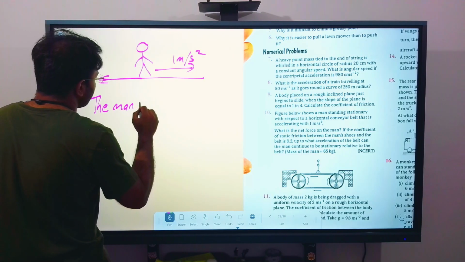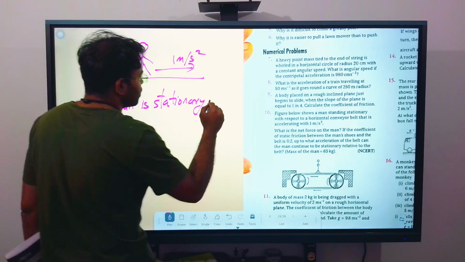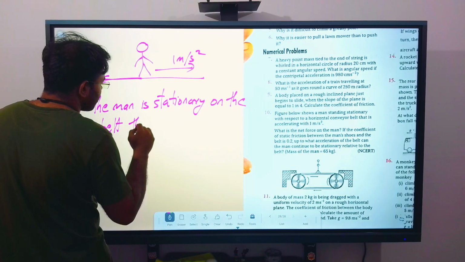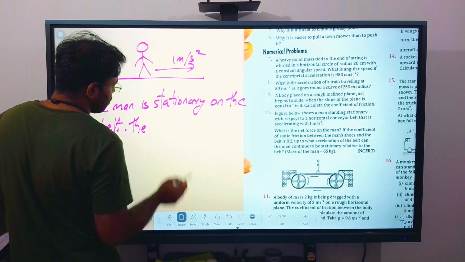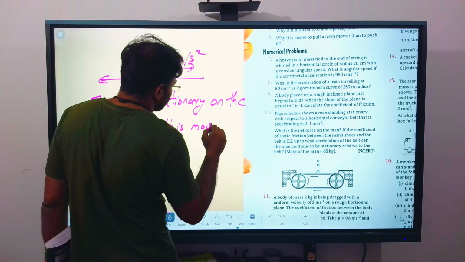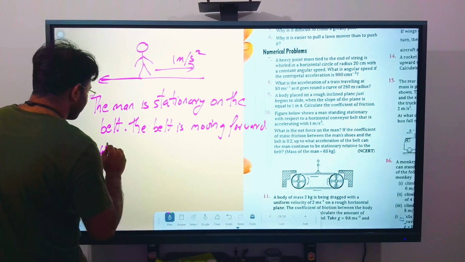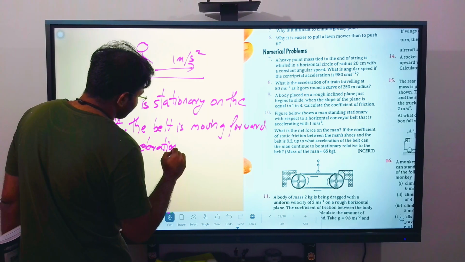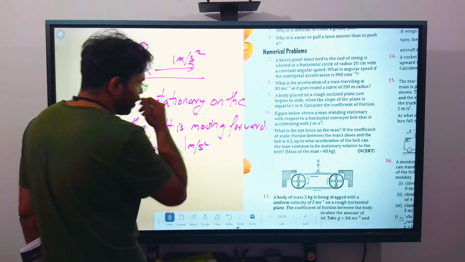The man is stationary on the belt. The belt is moving forward with acceleration 1 meter per second squared.